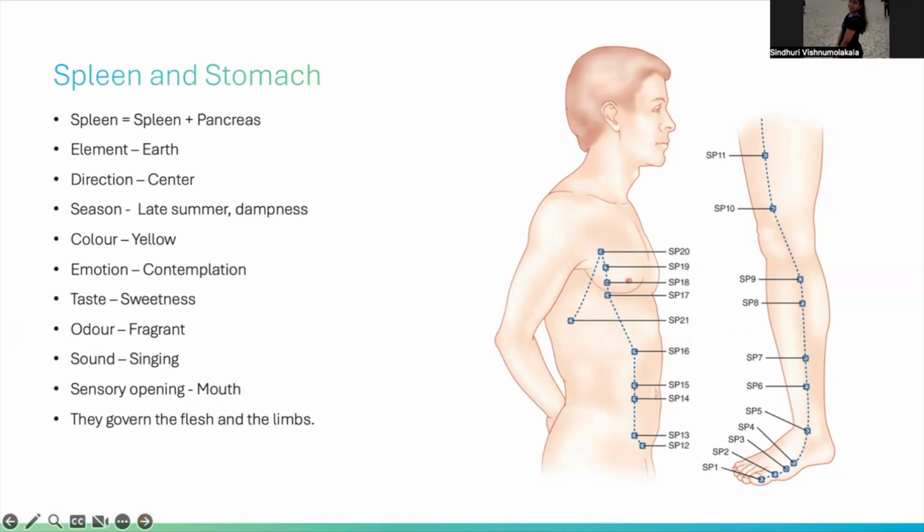Now, here again, we can see spleen starts from the bigger toe and travels back up to your chest.